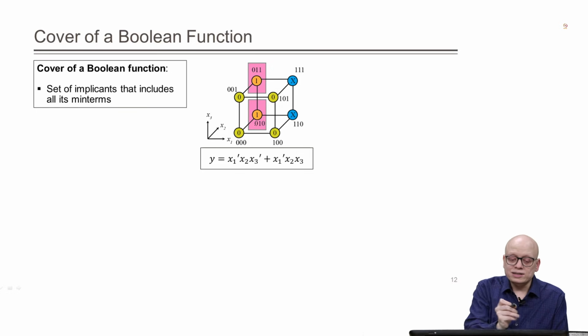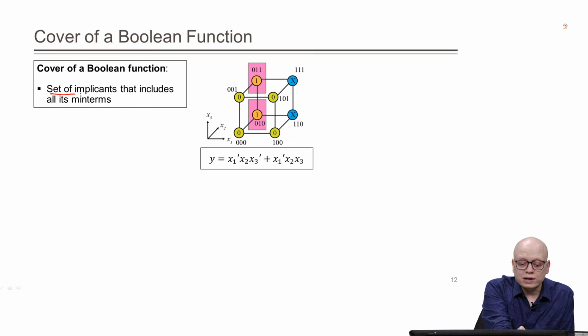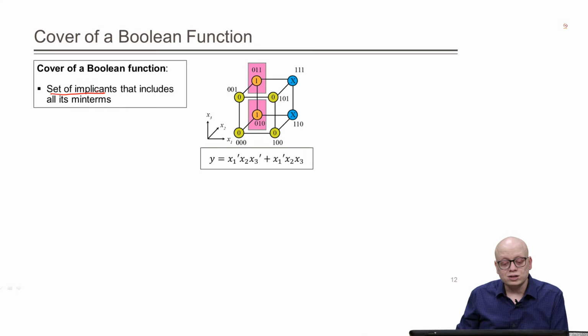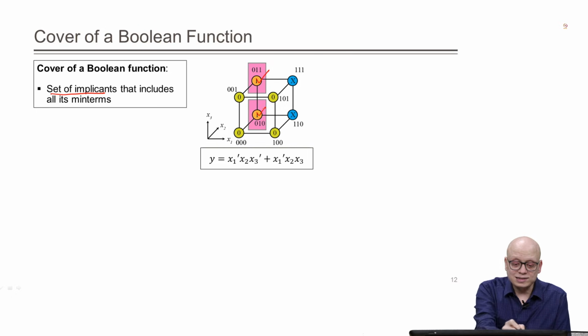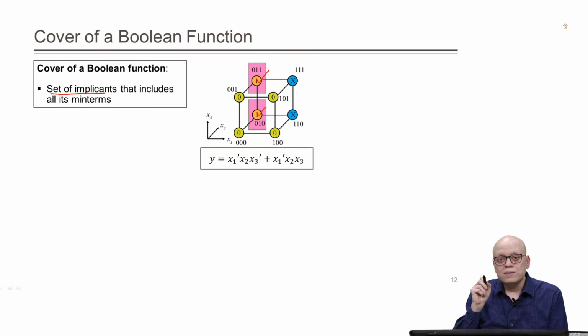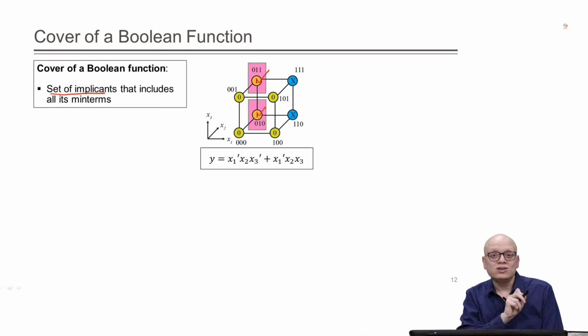Now, what is a cover? A cover is the set of implicants that includes all its minterms, meaning that this can be included, this can be included. Now, this is a set of implicants. So, by definition, as we discussed in the last slide, an implicant will cover only the onset or do not care set, it cannot cover an offset.